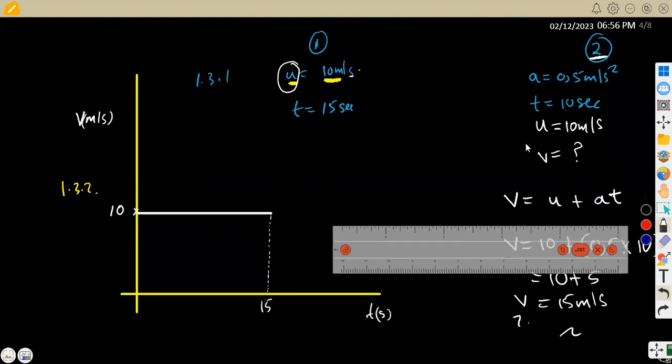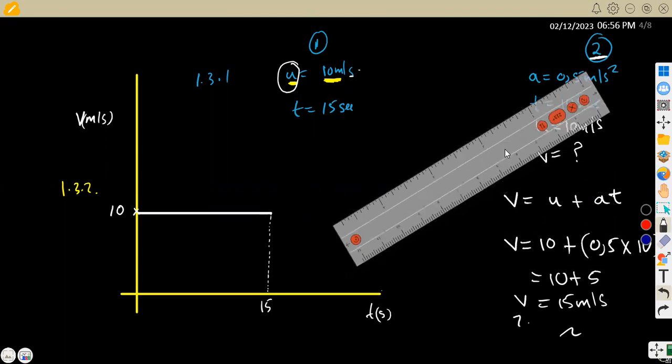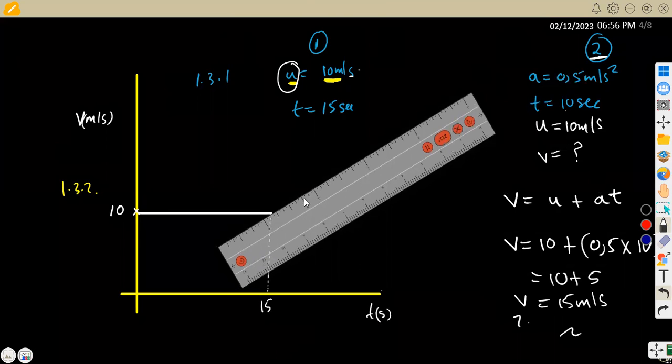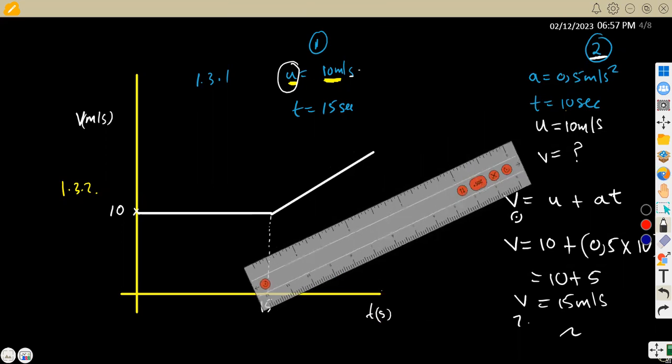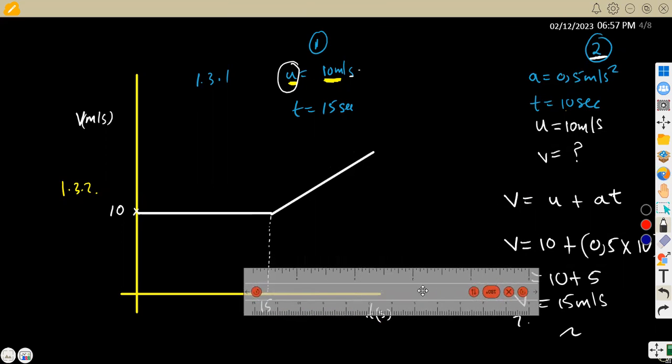Then the second phase, that is where there is an acceleration. So it's now going up. You can indicate the acceleration like this to a certain velocity, which is the final velocity that we talked about, where we said our final velocity is 15. So we can indicate that final velocity at 15.